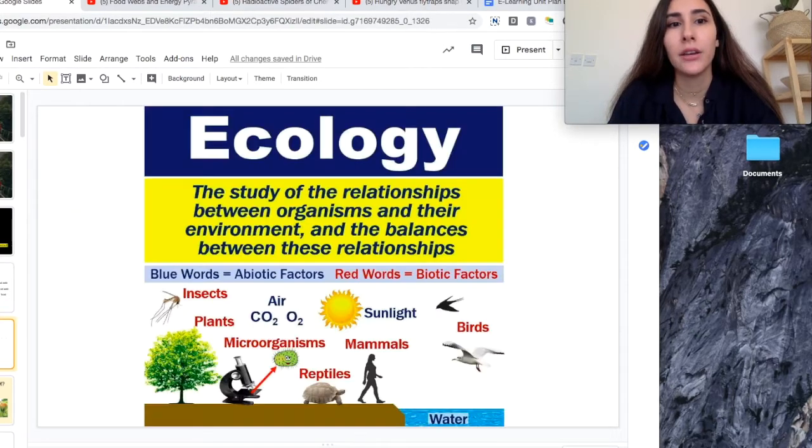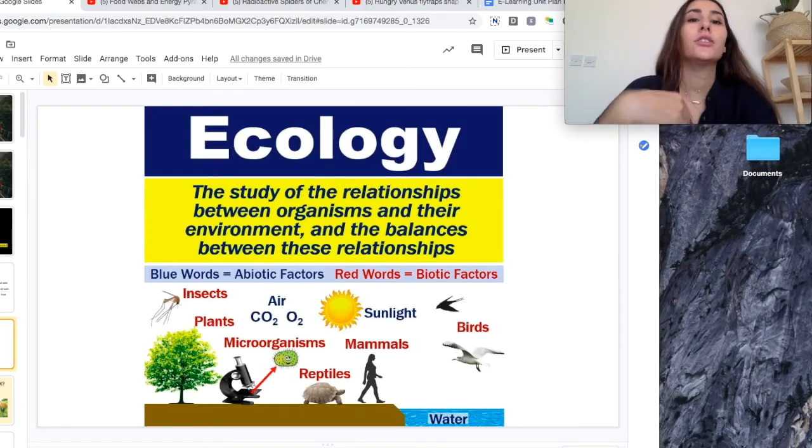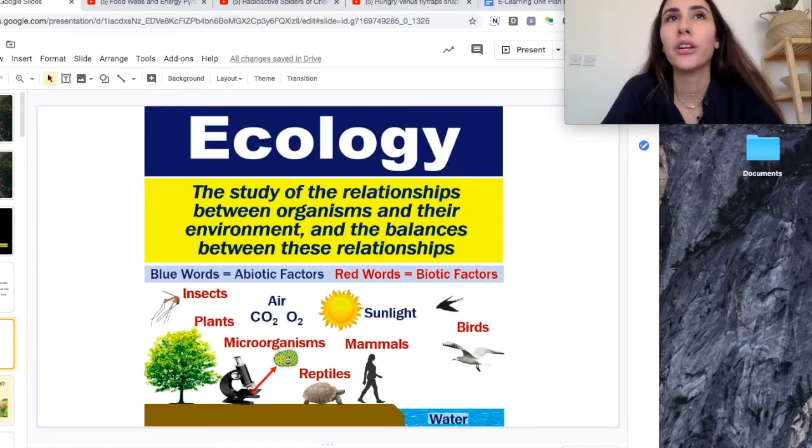Now, ecology, if we had to define what that kind of study is, we could break it down into the two parts, right? Eco and ology. So the word eco here refers to basically anything that deals with the environment that surrounds us.